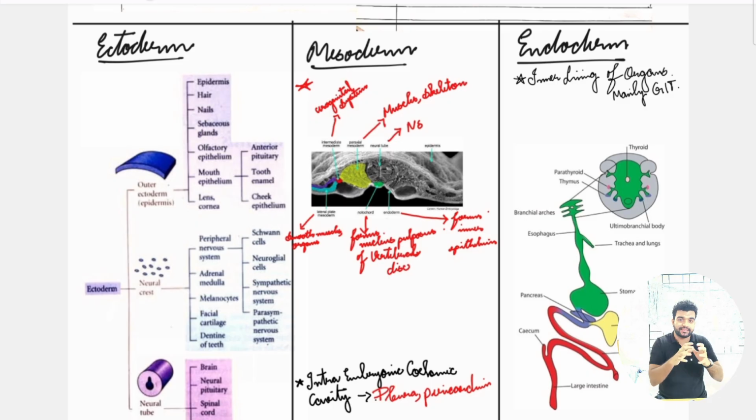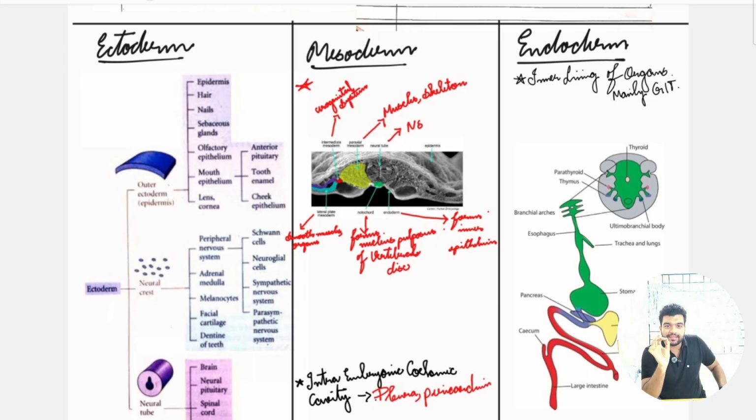Then further down, moving into endoderm, the only thing that you need to remember is all the inner linings. For example, the mesoderm has formed the gastrointestinal tract, all the muscles, smooth muscles, everything. Okay, so the inner lining, the endothelial lining or the epithelial lining, will be formed by endoderm. Ectoderm forms all the skin, eyes, everything, whereas all the organs will be formed by mesoderm, and the inner lining of the body will be formed by endoderm.